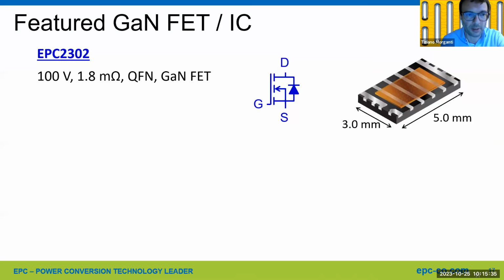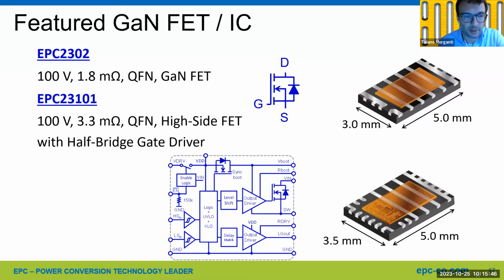The board is based on the EPC2302, which is a 100 volt, 1.8 milliohm max QFN package FET. And the EPC9170 is using the integrated power stage EPC23101, which is integrating the high-side FET, which is a 3.3 milliohm, 100 volt rated, and also the gate driver for the low side FET.